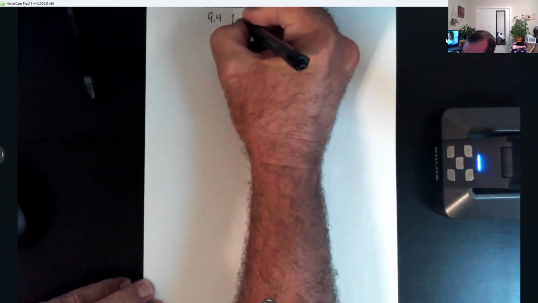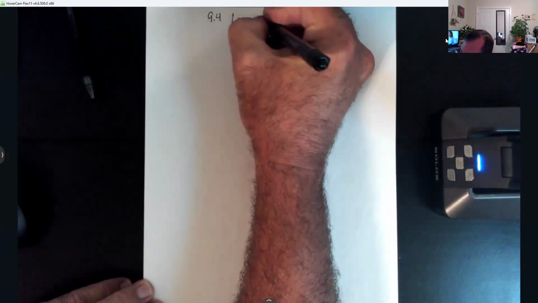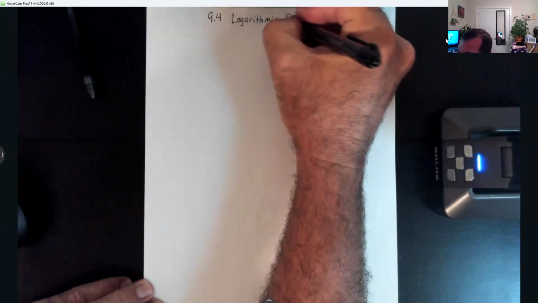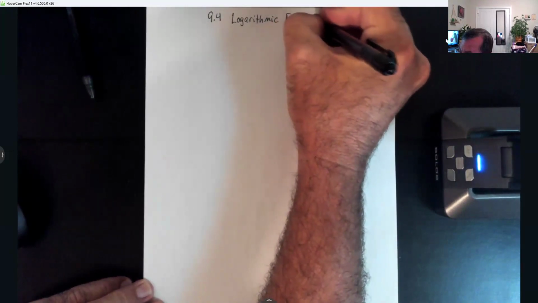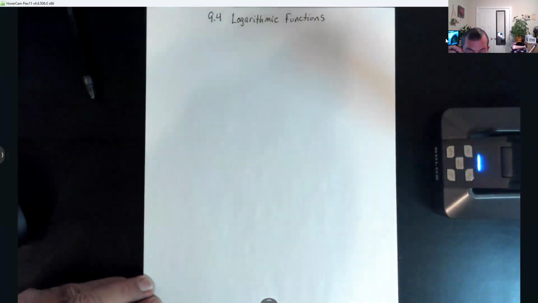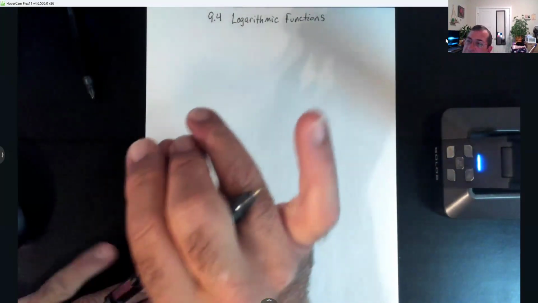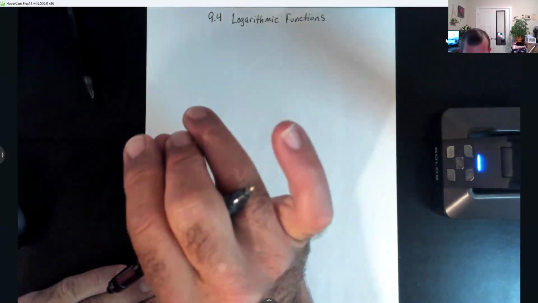So these are logarithmic functions. So I will say this, in the long run, the logarithm is basically an exponent.